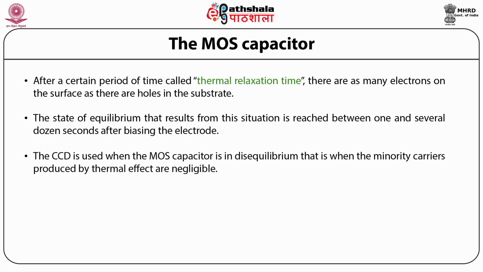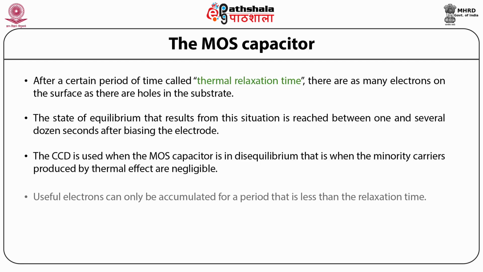The CCD is used when the MOS capacitor is in disequilibrium, that is, when the minority carriers produced by thermal effects are negligible. The useful electron carriers are those generated by the photoelectric effect and not those caused by dark current. Useful electrons can only be accumulated for a period that is less than the relaxation time.